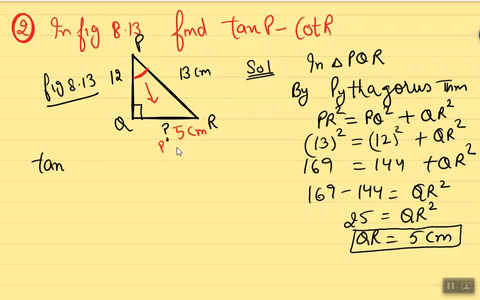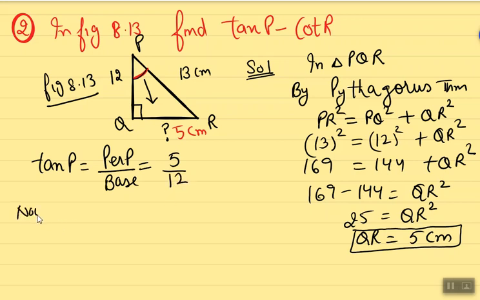Tan P angle is perpendicular over base. Any side opposite to angle P is perpendicular. It is 5 centimeter. And the side adjacent with the angle P, any side along with the angle P, is called base. It is 12.